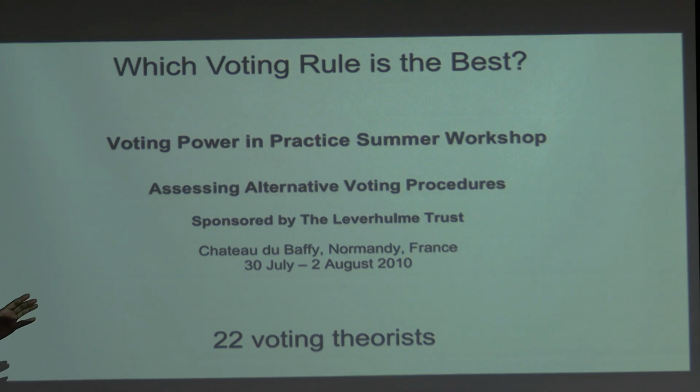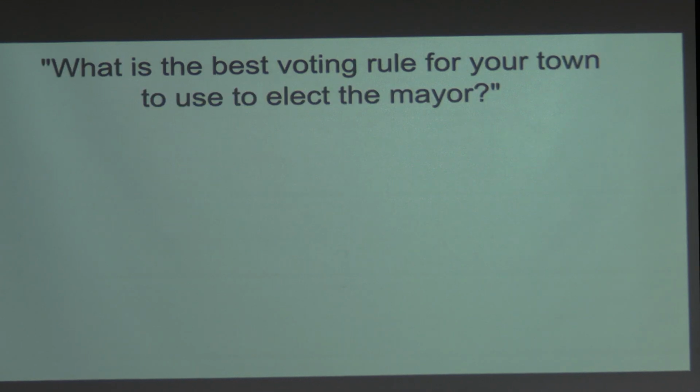You see the problem here already, right? I have some results to show. These are legit social choice experts, and they were asked: what is the best voting rule for your town to use to elect the mayor, which is just a complicated way of asking which voting rule you think is the best.